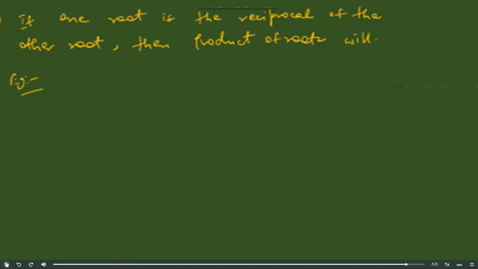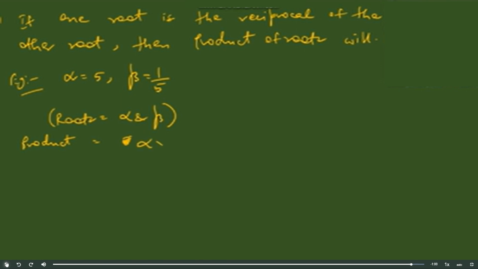Let me take one example. Alpha is 5, beta is 1 by 5. They are the two roots. Now in this case, product is equal to alpha into beta, which is 5 into 1 by 5 is equal to 1.